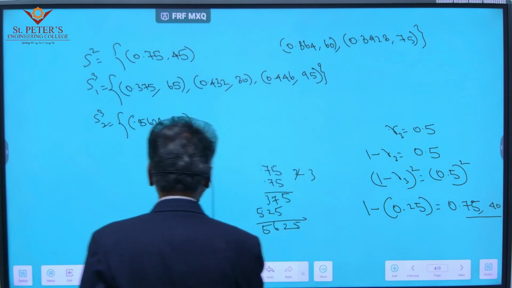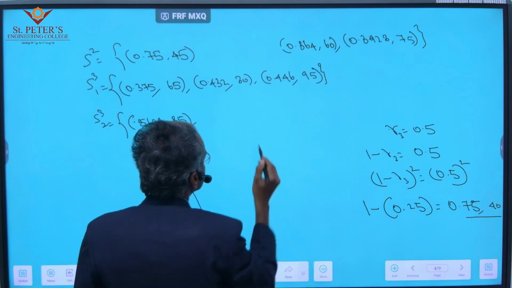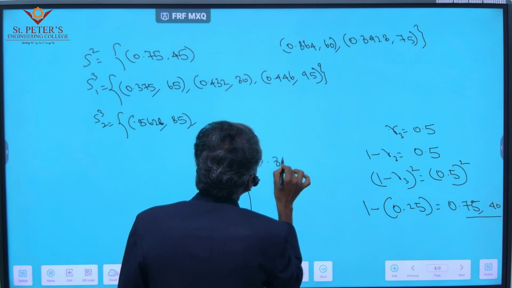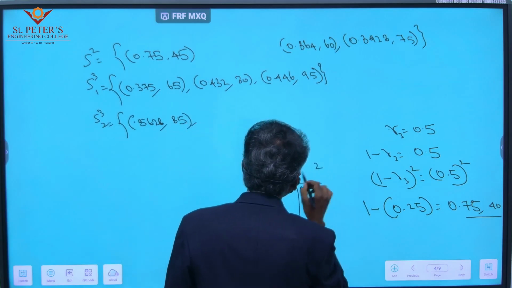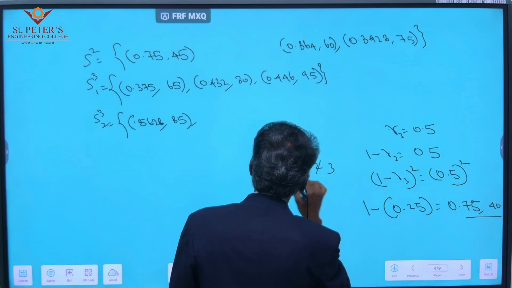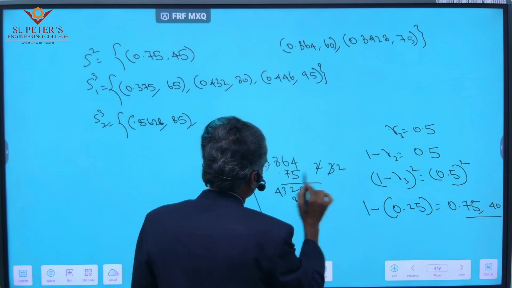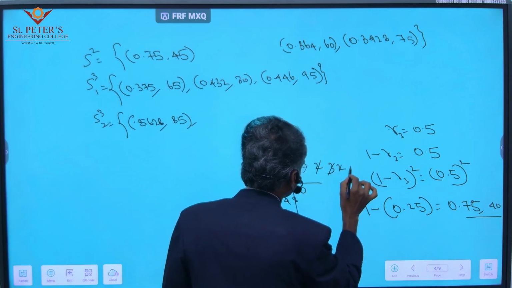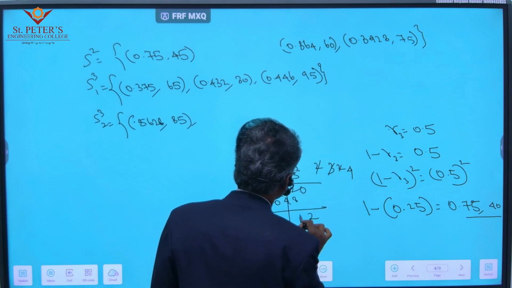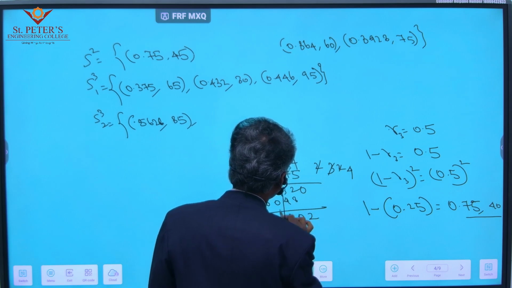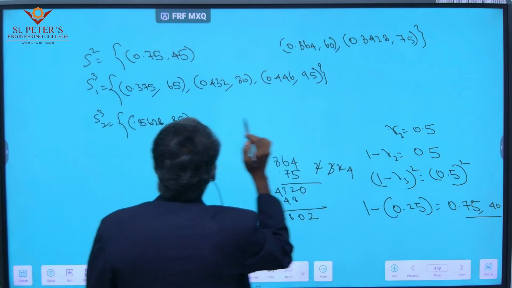Then 0.75 into 0.864 gives 0.6480. So here 60 plus 40, 100.